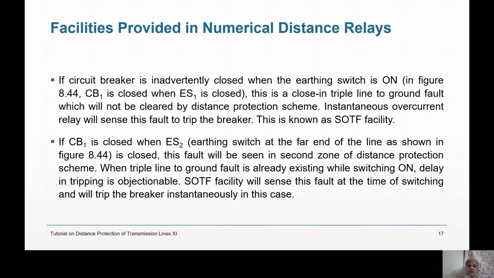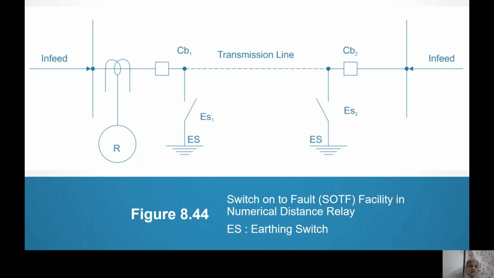Another problem is this. If the earthing switch is on and the circuit breaker is inadvertently made on, then voltage will be zero and distance protection cannot work. So the voltage memory function that is there in numerical relays can be used. And much worse is this: CB1 is open, and the line is being maintained.